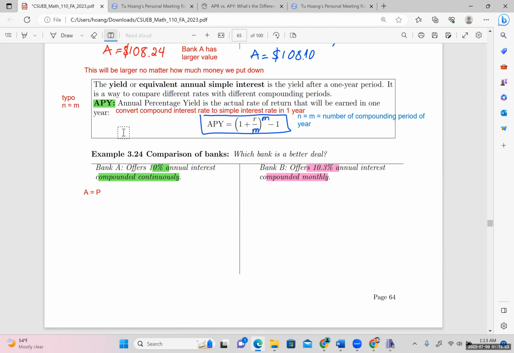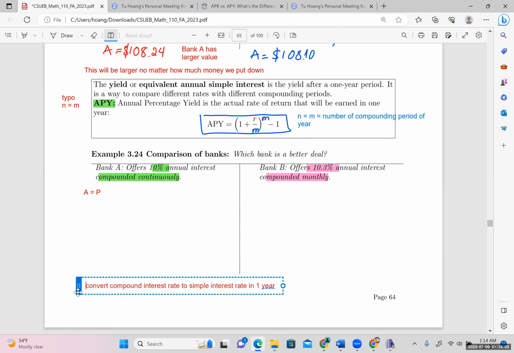Maybe I'm gonna put this down here. APY helps us to convert a compound interest rate to a simple interest rate in 1 year.